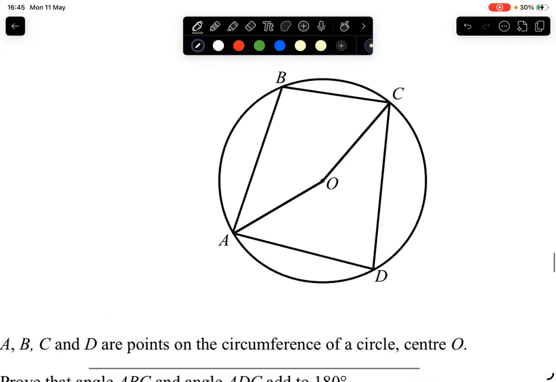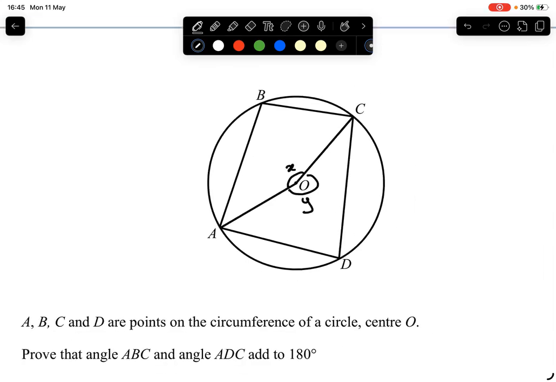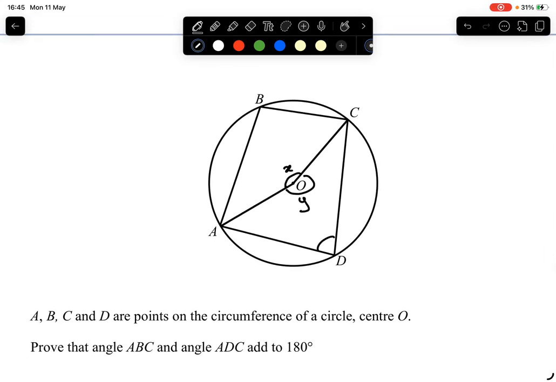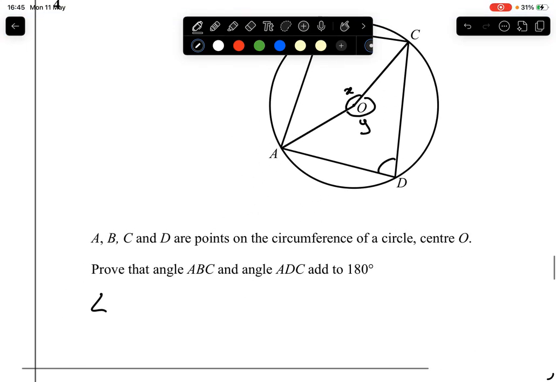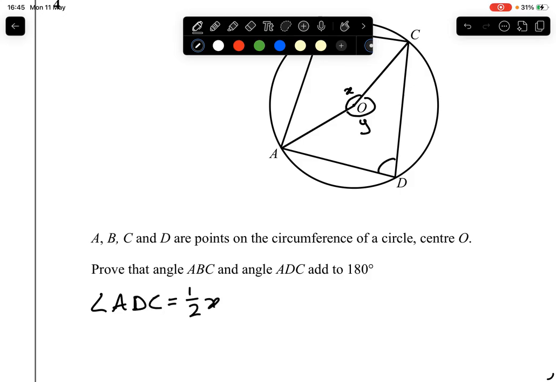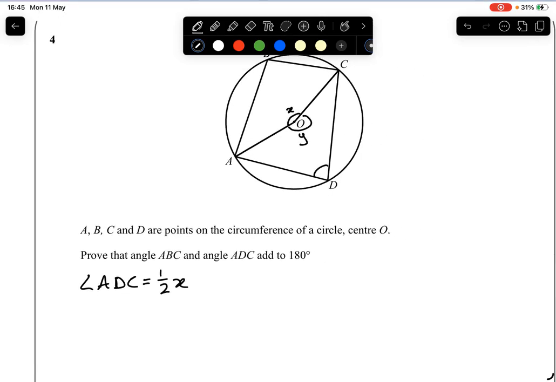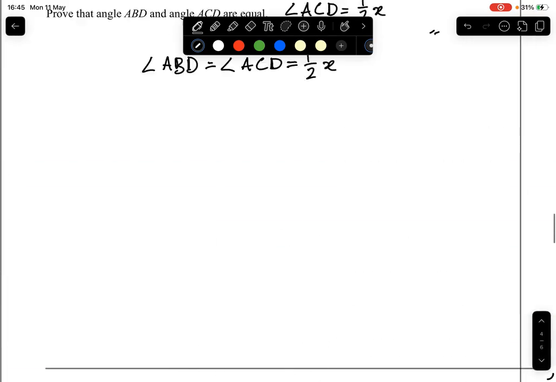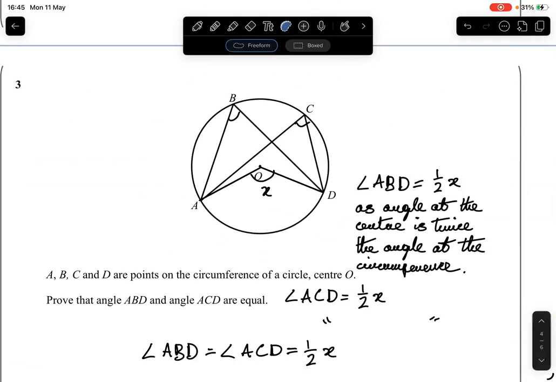Now, what I can do, I'm going to label this angle X and this major angle Y. Well, angle ADC is equal to 1/2 X, because angles at the centre are twice angles at the circumference. I'm just going to copy that argument from up here. Save me rewriting it all.